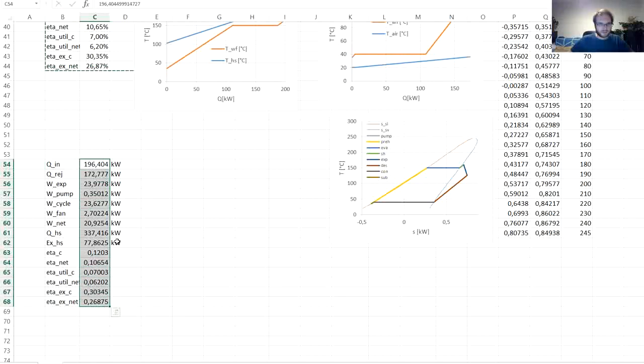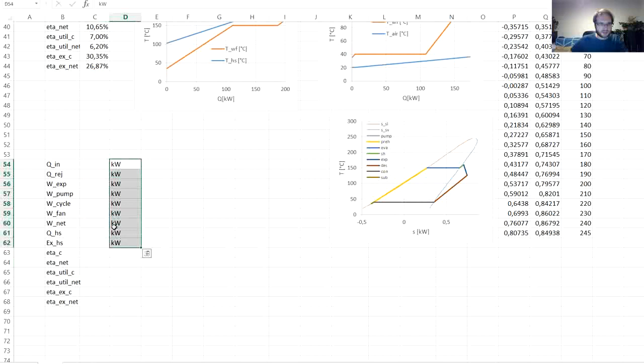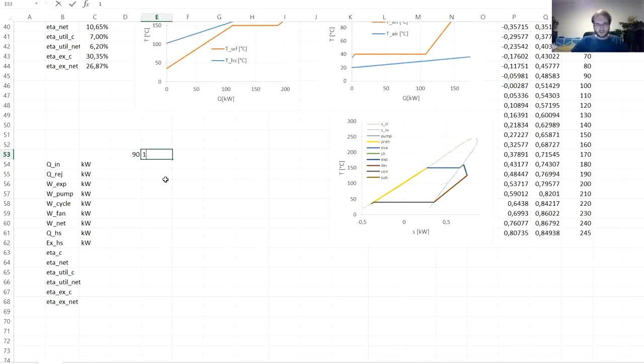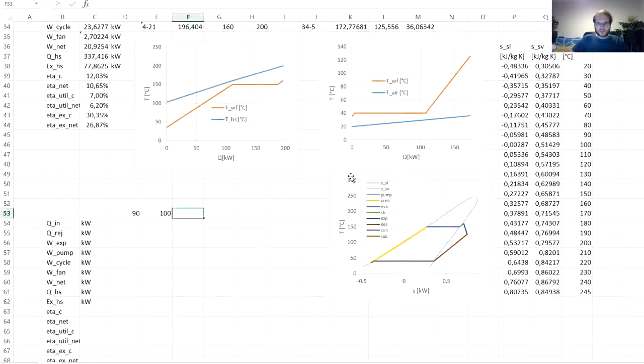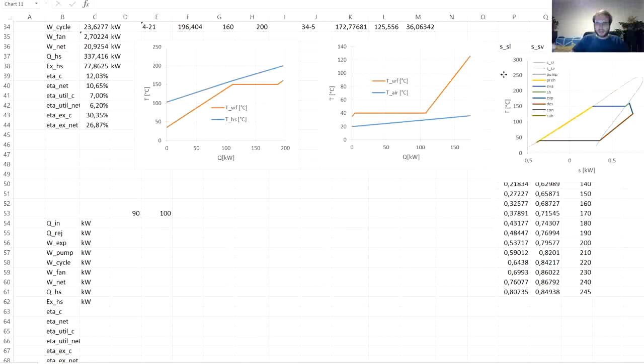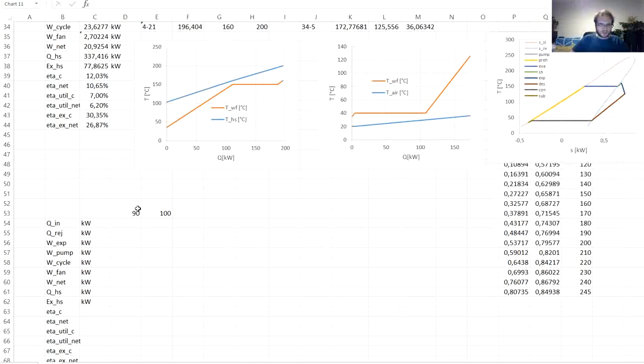Well, let's use it. Let's do it like this. And let's have the temperature range from, let's say, 90 degrees C to 180. So probably we will need to move this diagram over here.